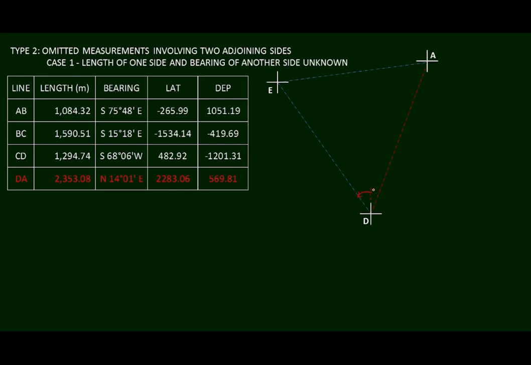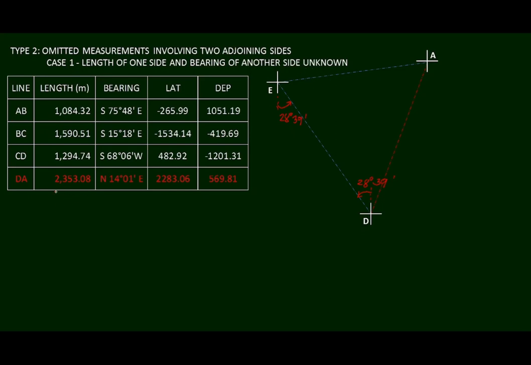Given itong bearing na to. And that is 28 degrees 39 minutes. Okay? Again, applying your vertical angles or reverse angle. If this is 28 degrees 39 minutes, I can also say na itong angle na to is equal to 28 degrees 39 minutes. Tama?